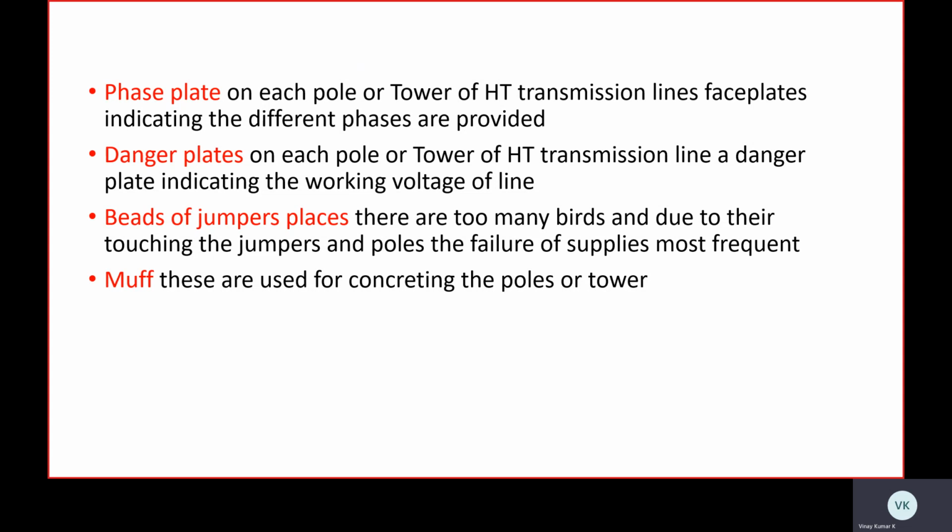And the next thing is the muff. A muff is a kind of device, a 3 mm thick sheet. These are used for concreting the poles or towers, that is at the guys and stays, where muffs are normally used.